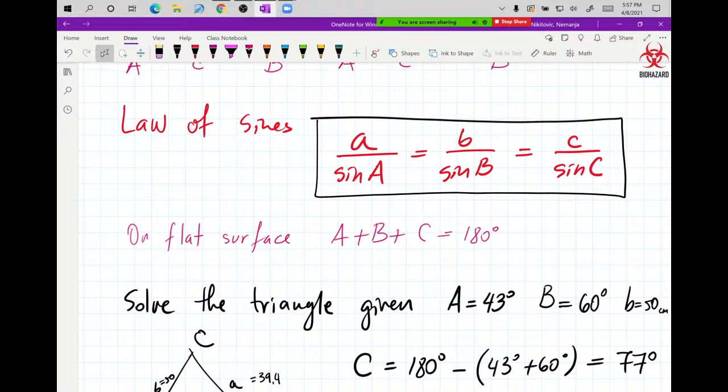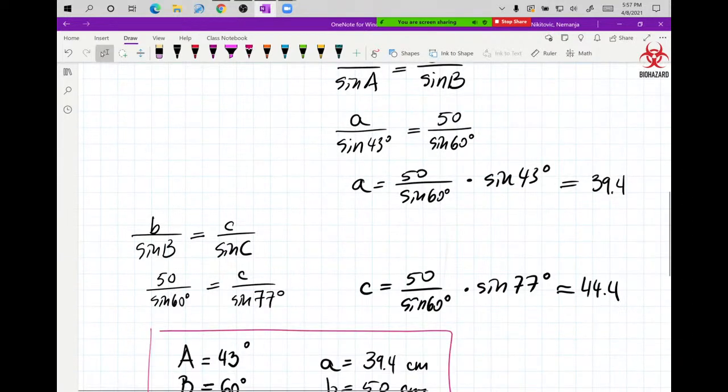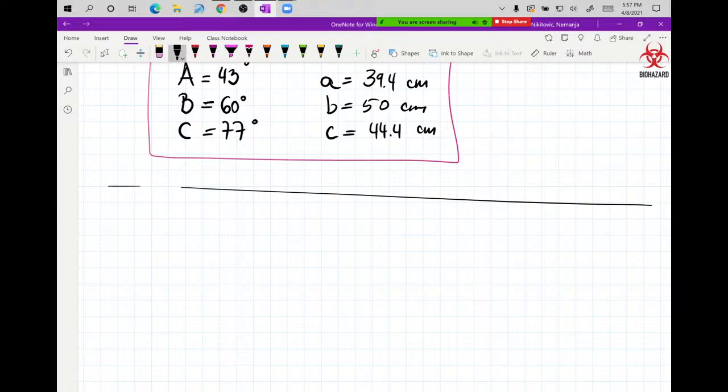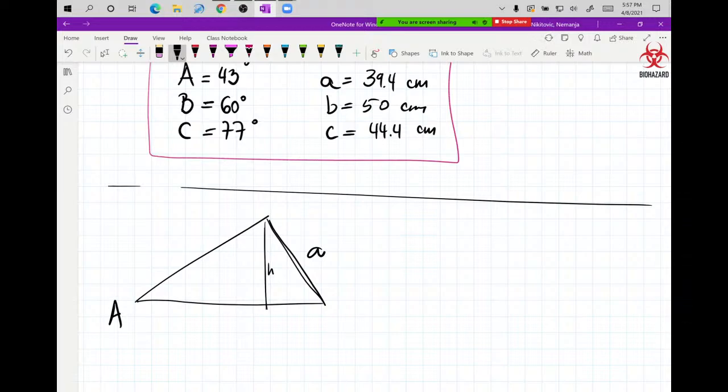So now, what is that case? See, if I draw the triangle like this, and I'll put this height in here, and let's call this angle A, and that would make this side to be A. I don't care about the rest at the moment.